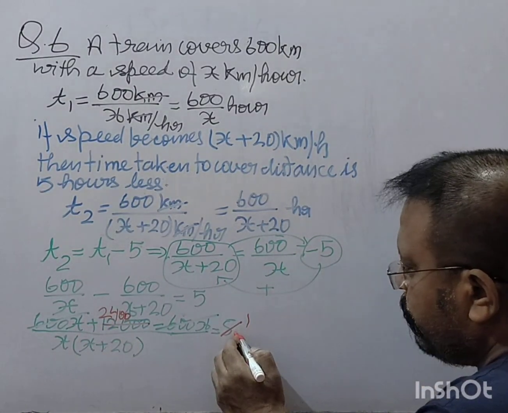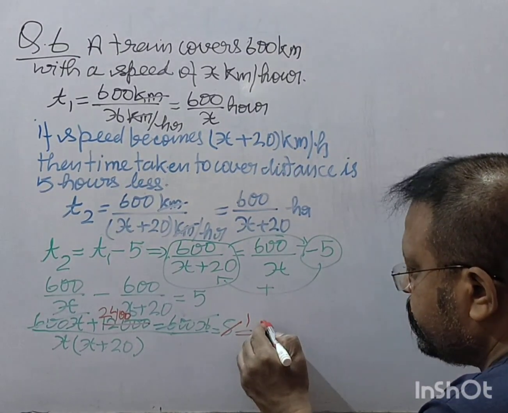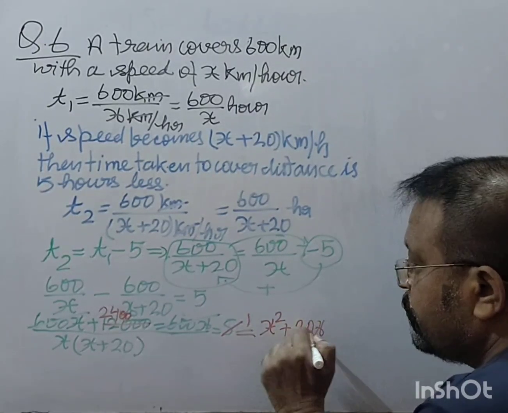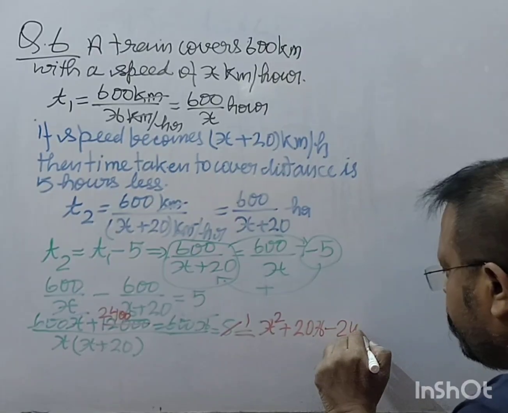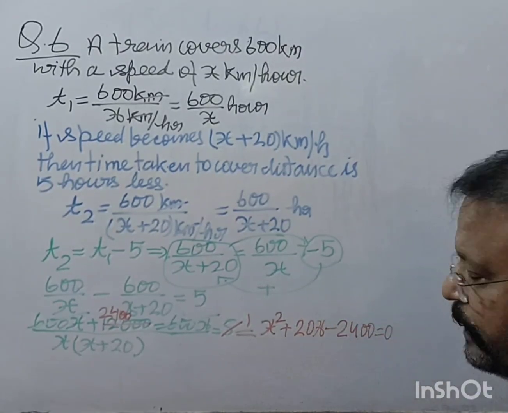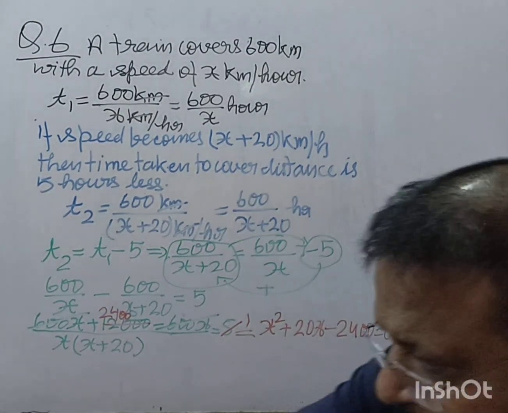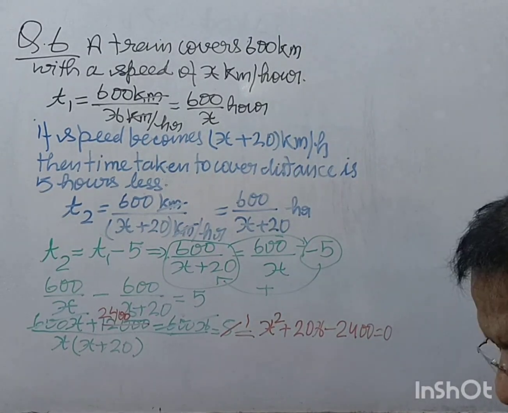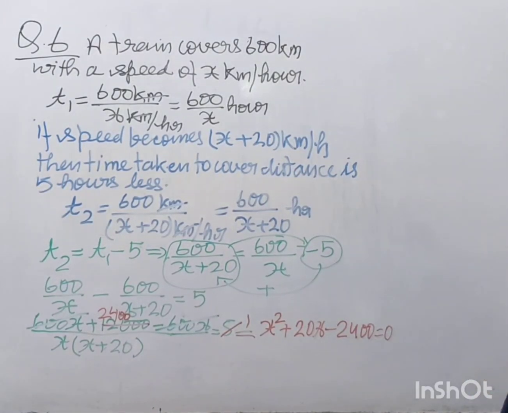Now what we do, we cross multiply the things, then we get x square plus 20x minus 2400 is equal to 0. You get it? Is this correct?